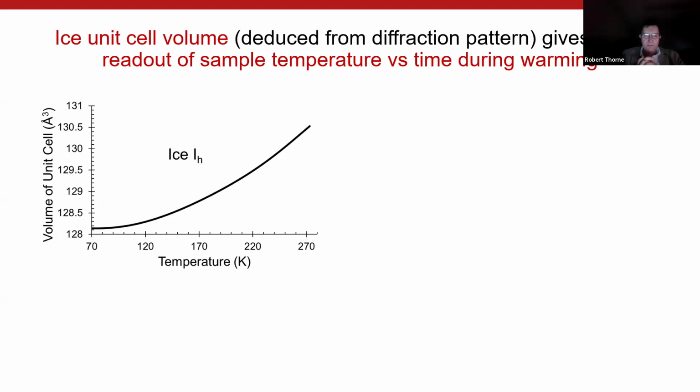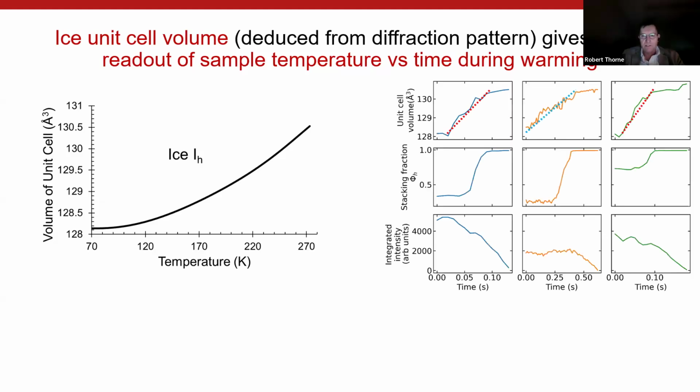So we can use the tools of protein crystallography to figure out what the unit cell dimensions are as the ice and the sample warm up, and then convert those unit cell dimensions into temperature. So we have a direct readout of the temperature of the embryo or oocyte or whatever sample we have, without anything touching it to mess things up.